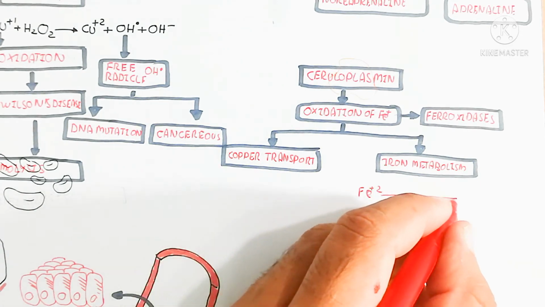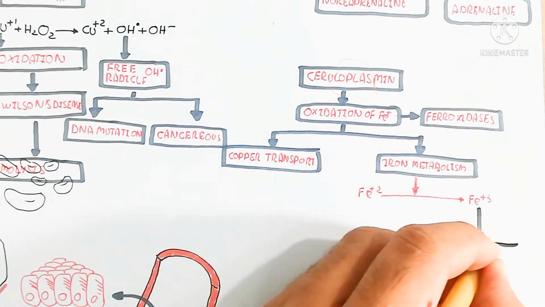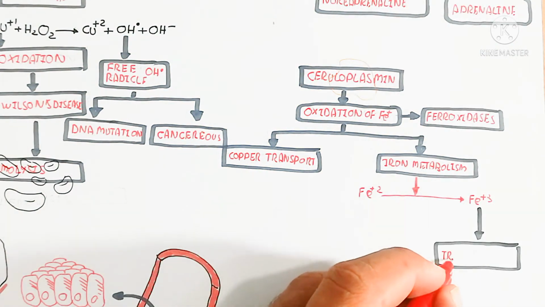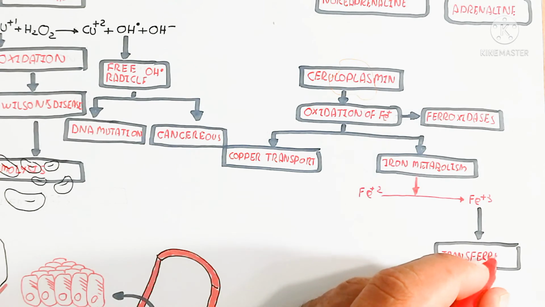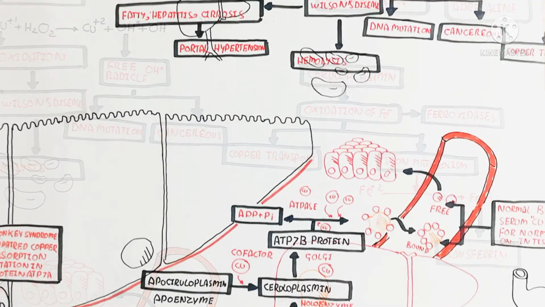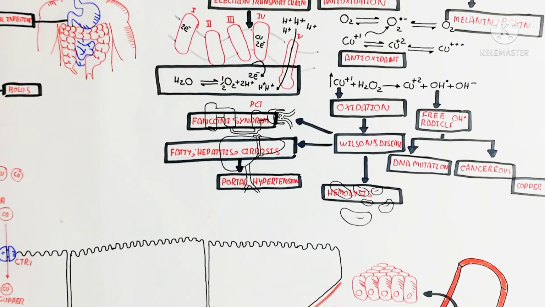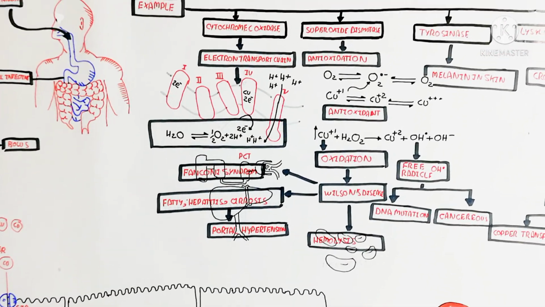The ferrous to ferric conversion is for the transferrin protein, which gives the ferric iron to the transferrin protein. So all this process is due to the ceruloplasmin protein, while copper transport is also due to ceruloplasmin. So this was the copper physiology.